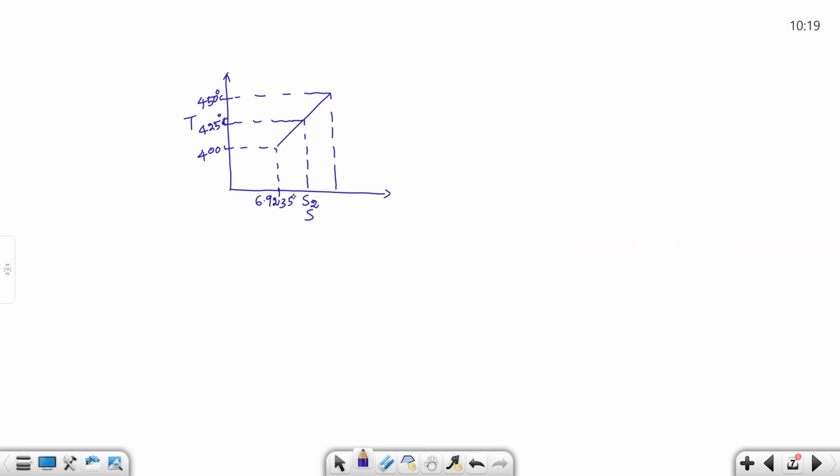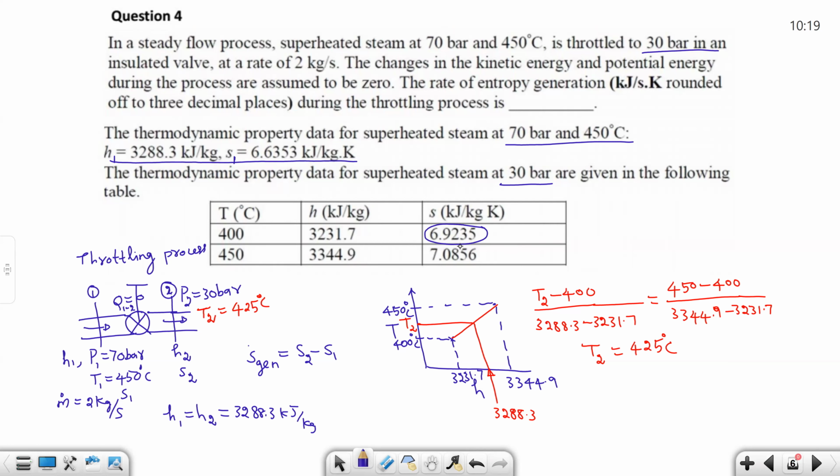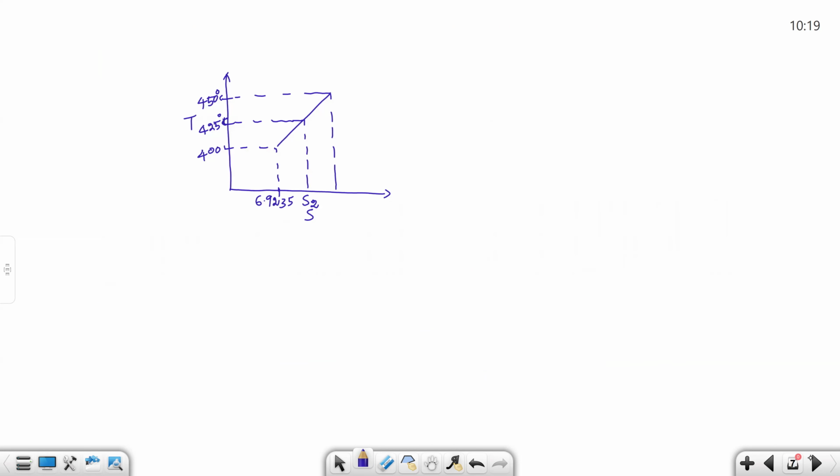Now at 450, this is 7.0856. So now we need the S2, which is corresponding to 425 degrees centigrade.